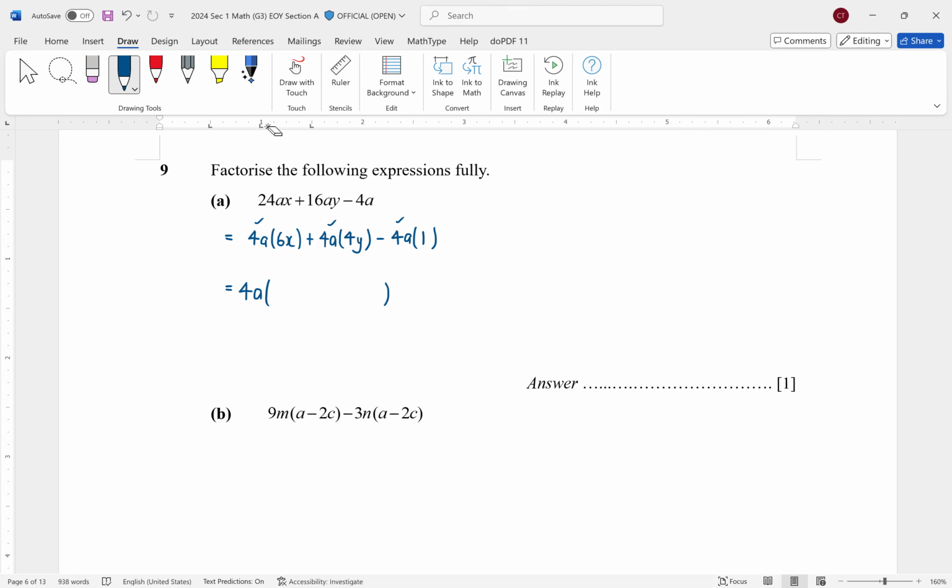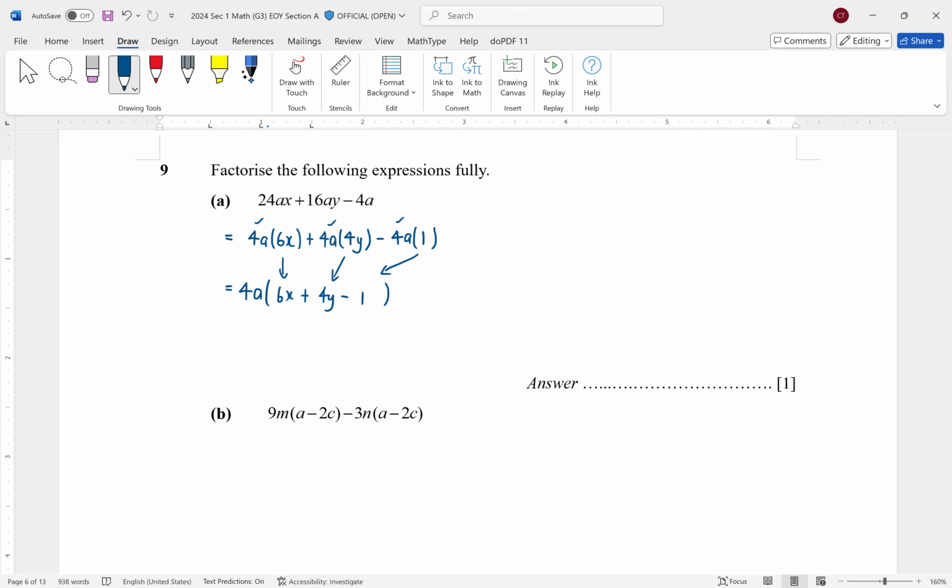So these three 4a's, we combine them as one and put them in front. Then the 6x goes inside, and the sign just follows, plus. Then the 4y's turn, minus, then the 1 goes inside.